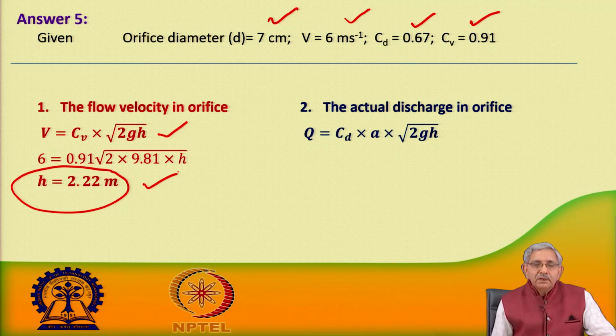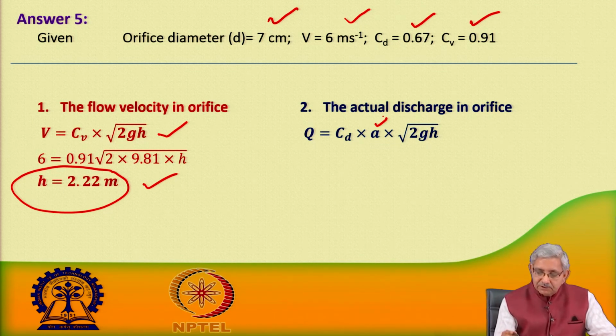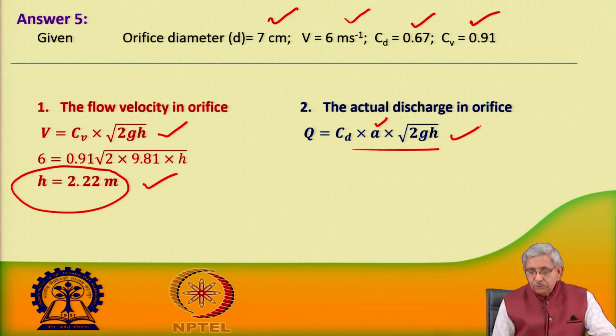Now, at point 2 we are required to find out the actual discharge in the orifice. The actual discharge is given by coefficient of discharge multiplied by the cross sectional area, into root 2 G H. Root 2 G H is the velocity component. C D is known to us, that is 0.67.